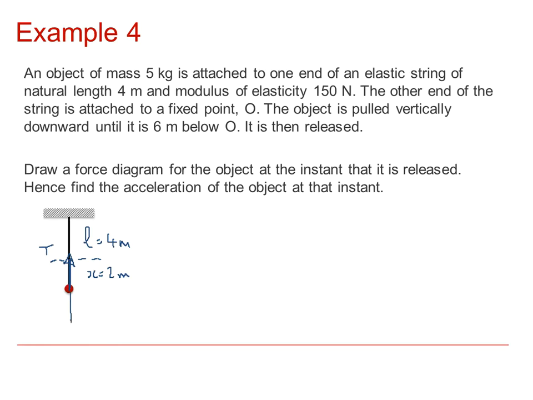There's a force downwards equal to mg, which is 5g newtons. Those forces are not in equilibrium this time, so we have some acceleration. Let's assume the acceleration is upwards, so T minus mg is equal to the mass times acceleration, ma.